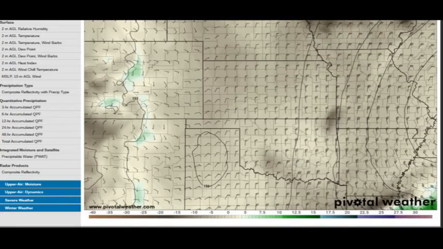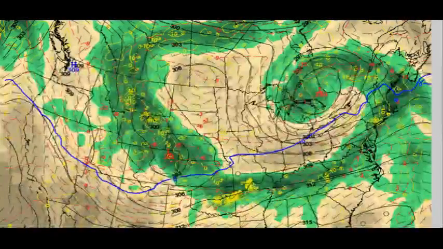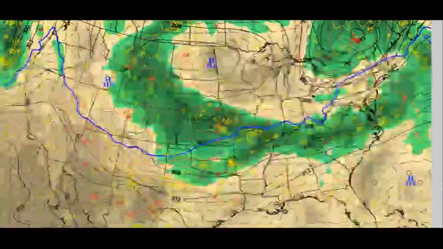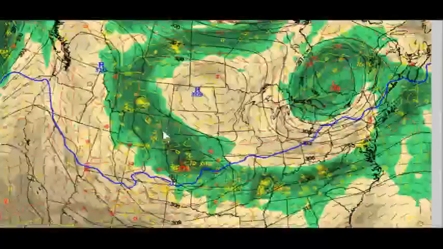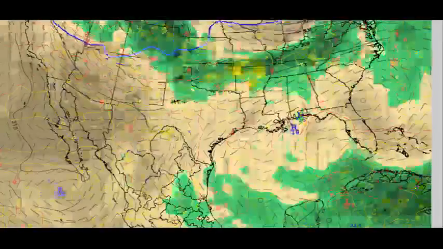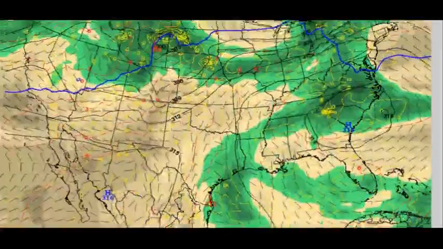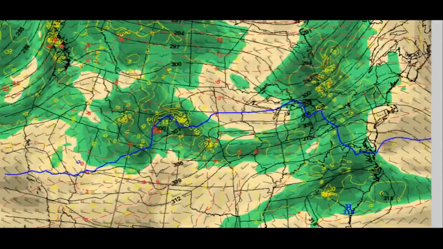Let's see. Yeah, here we go. Here's the 700 millibar analysis or forecast. You can see over central Kansas at the start of the day, this is the 9 Celsius line.